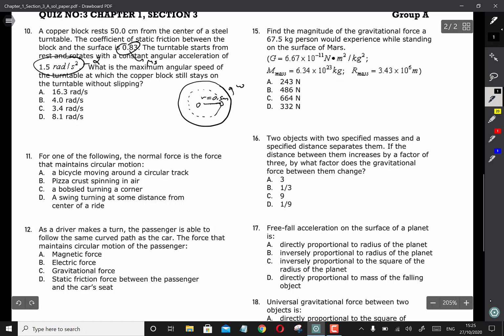What is the maximum angular speed of the turntable at which the copper block still stays on the turntable without slipping? So it starts from 0, initial angular speed is 0, but then speeds up because there's an acceleration. But after some angular speed, it will not stay there. But the question is asking, what is that maximum angular speed? Still, this copper block is on the circular path. It's following a circular path.